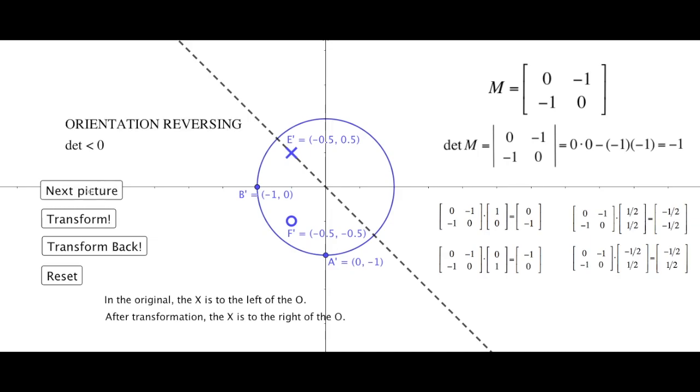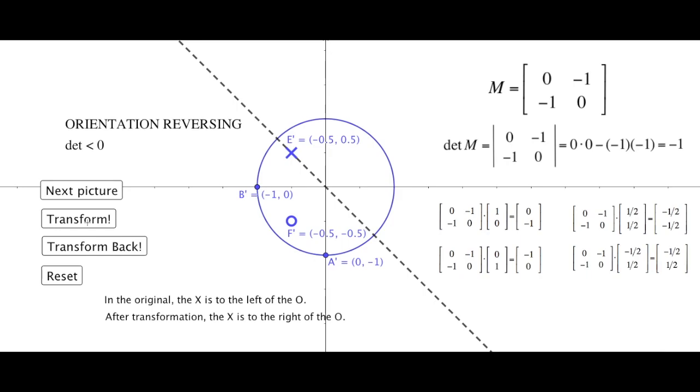This is a concept we call orientation reversing. If the determinant is negative, the orientation of the image will be reversed. This image cannot be rotated to look identical to the original image. If we go back, there's no way to rotate this image to look like the blue circle.